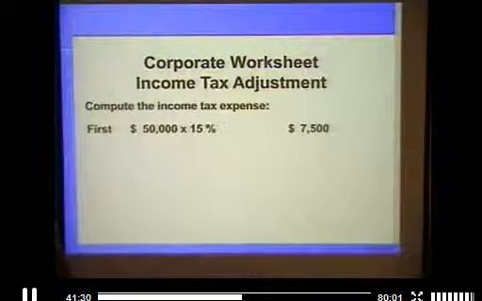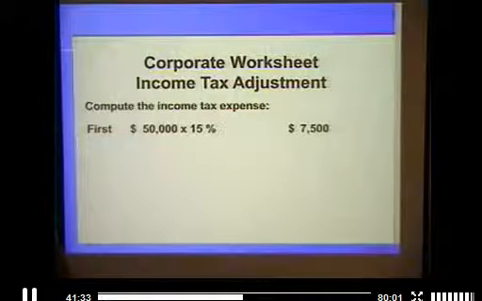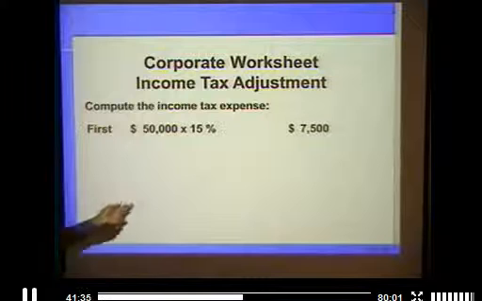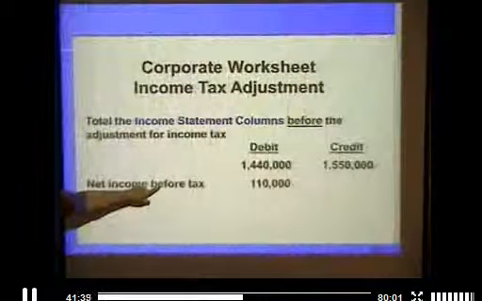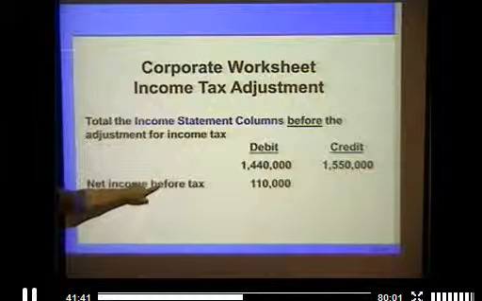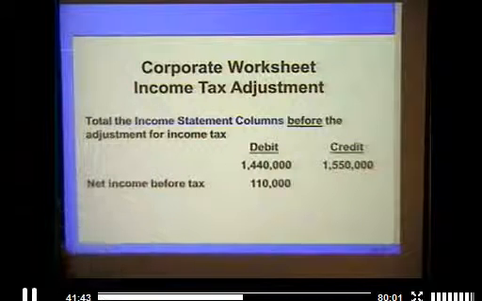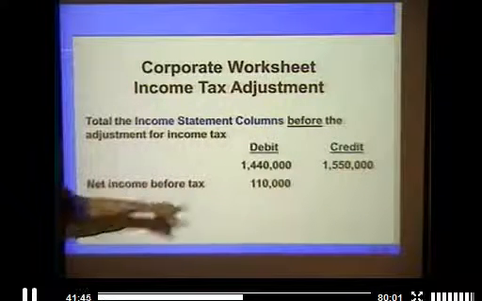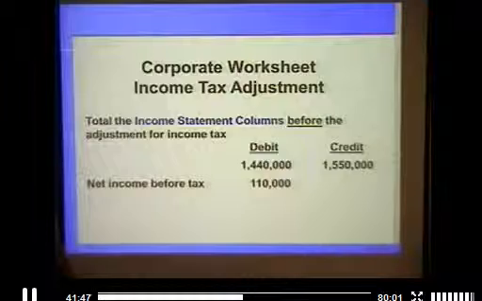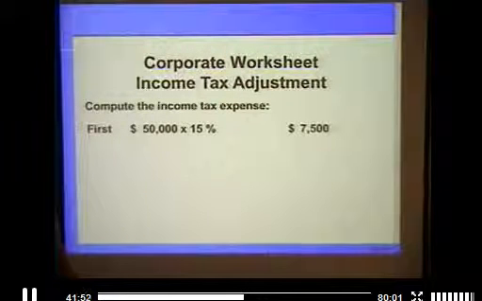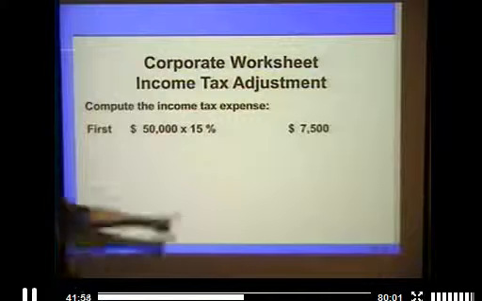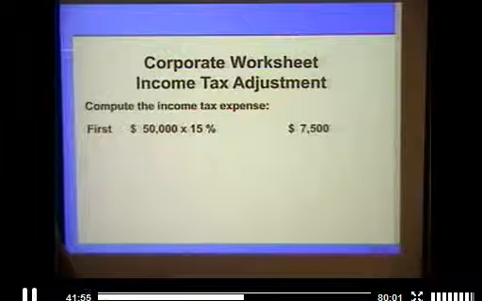And I've done this. You go ahead and compute your income tax expense based on, okay, what we decided was we had $110,000 net income before tax. So what do we have to pay on that $110,000? Well, the first $50,000 is at 15%, right? Here's part of our tax expense.